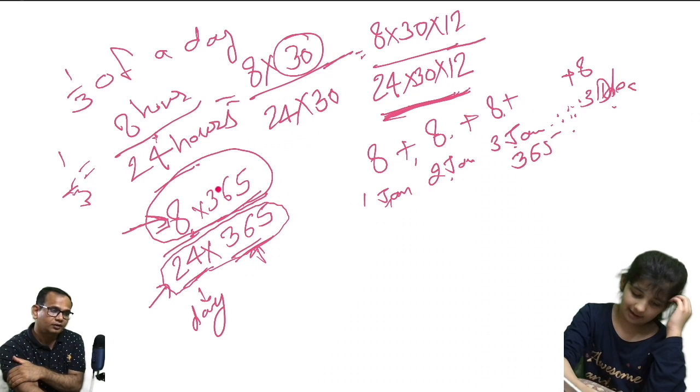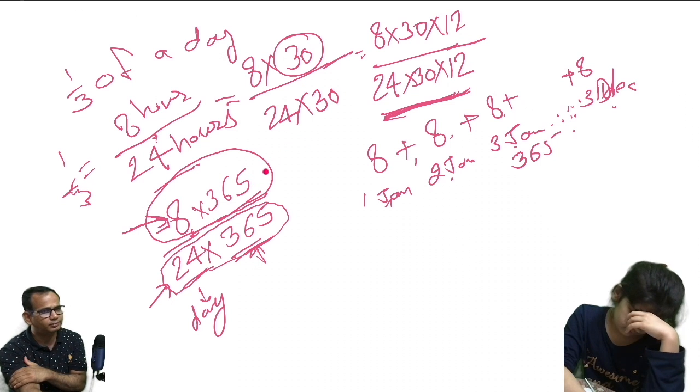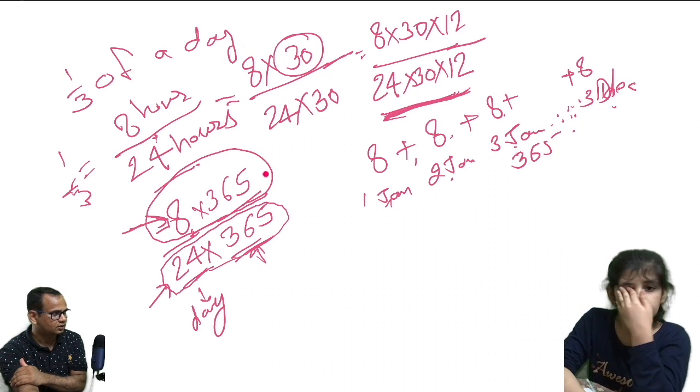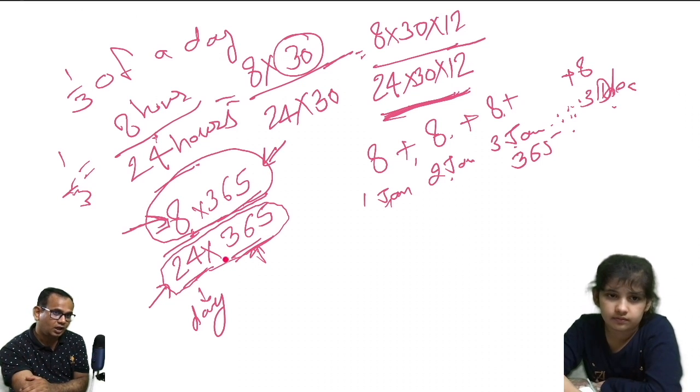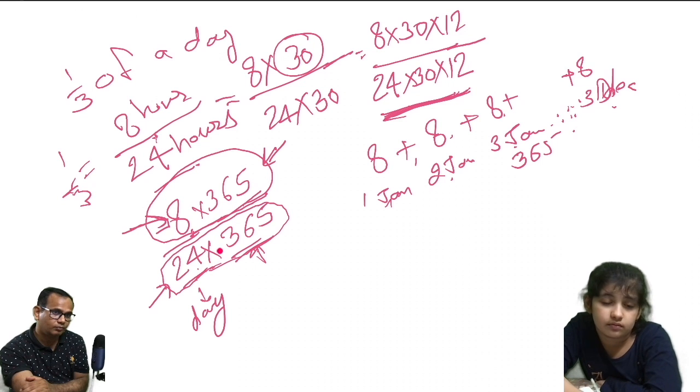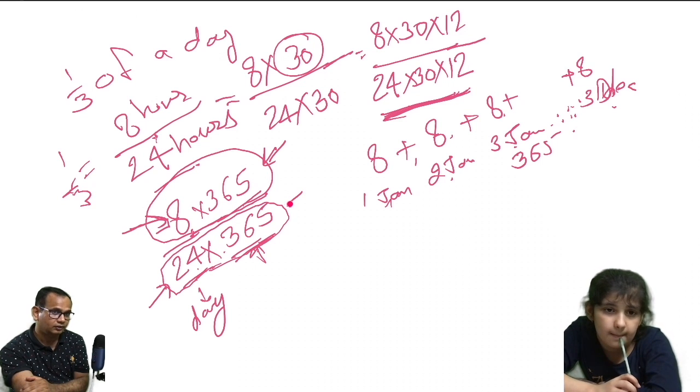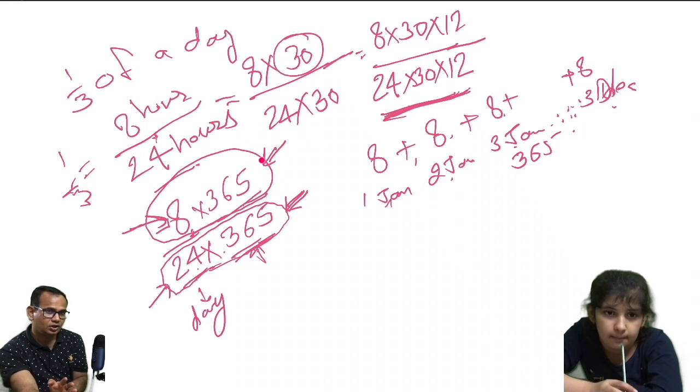No need to multiply, just think about this. Avisha, look here. These many hours we slept, and 24 multiplied by 365 is the total hours in a year. So this is a fraction.